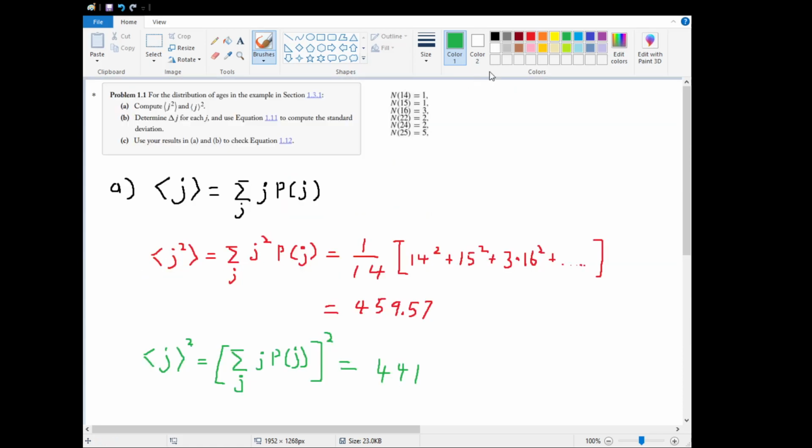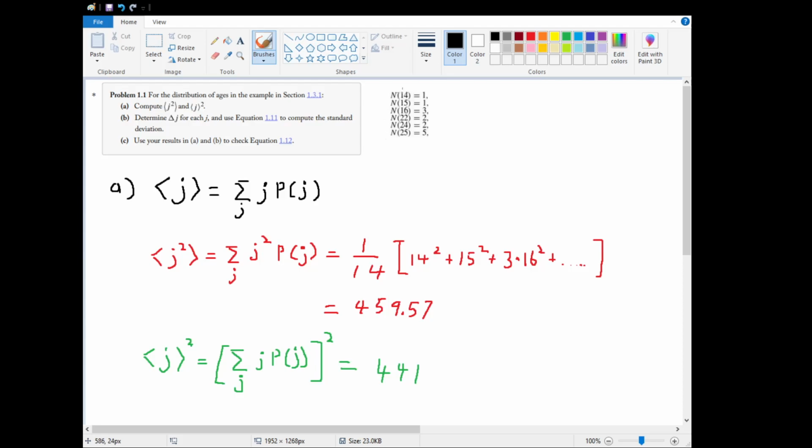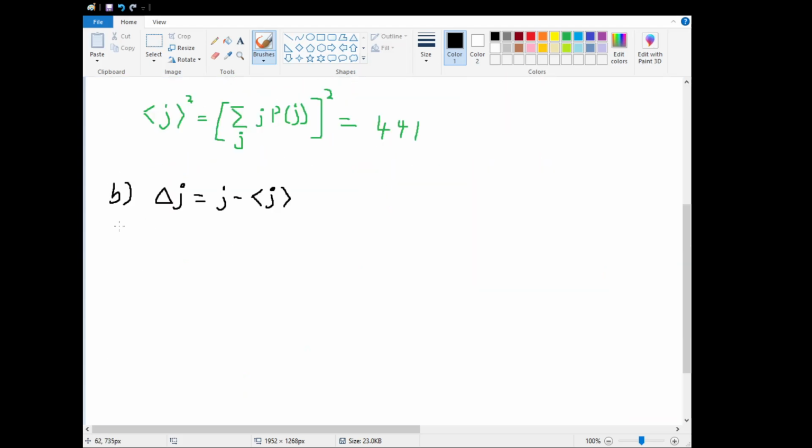So let's move straight on to part B, which is to determine delta j for each j. Well, we know that from earlier on, delta j was something we defined to equal j minus the average of j. So as an example of this, let's start with the j equals 14 case.